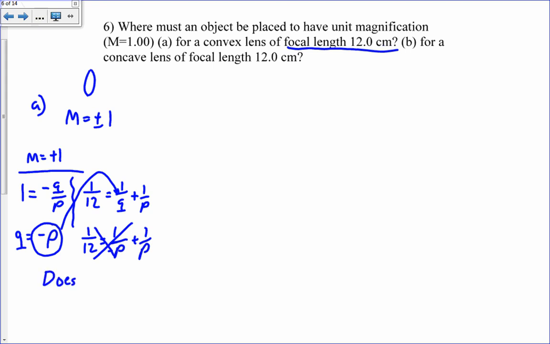Does not exist with a convex lens magnification of positive 1. Just can't occur.